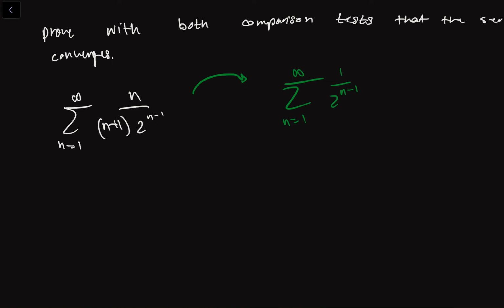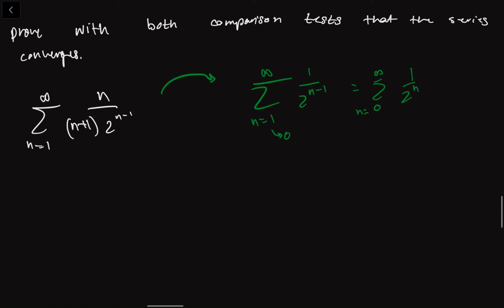Well, that's almost a geometric series, right? What we want to see is this. So can we just decrease this by 1 and then add 1 to the end? Remember, we did that a few videos ago. So go back and watch the infinite series video if you're confused about how to change the bounds.